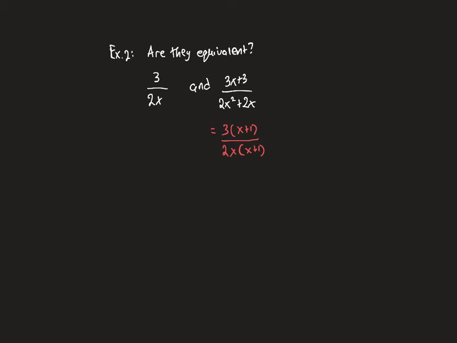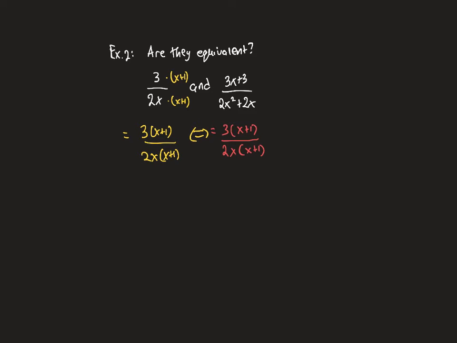Great, and that actually tells me what I need to do. I need to multiply this by x plus 1, and same thing on the bottom, which is going to give me 3 times x plus 1 and 2x times x plus 1. So they're now similar in their equation.